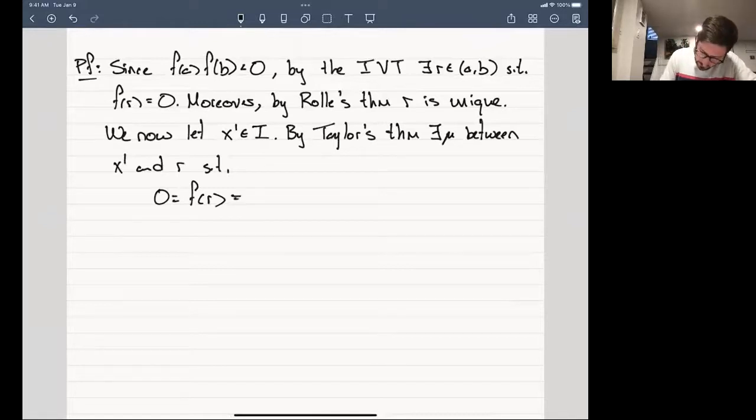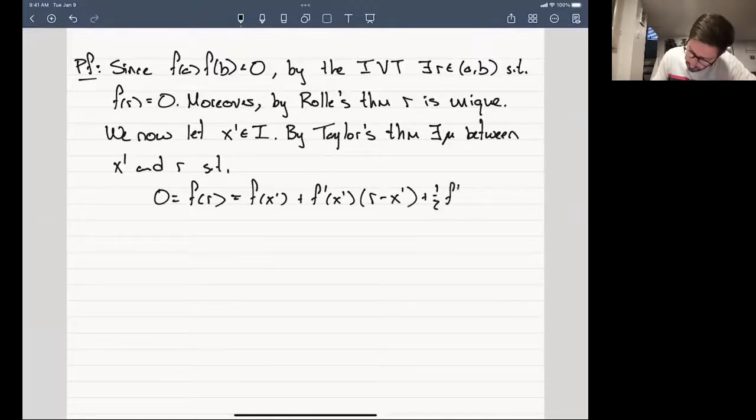So this gives me f of x prime, and then plus f prime of x prime times r minus x prime, and then plus 1/2 f double prime of mu times r minus x prime squared. So if you're really paying attention here, you can probably see where that quadratic convergence is coming from, right? Because we can kind of see it already showing up from Taylor's theorem.